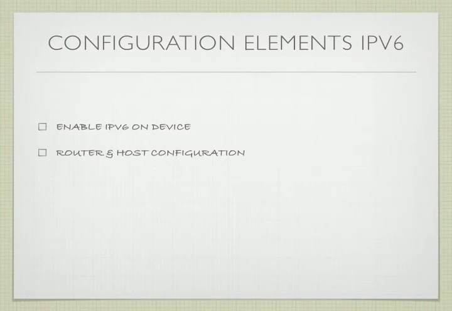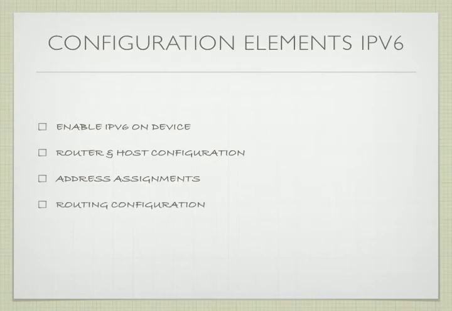Then you have to choose whether the device is going to be in router mode or host mode for IPv6. Then you're going to choose the address and assignment methods. You're going to set up routing configurations based on IPv6 necessities. And then finally, you're going to have your policies.